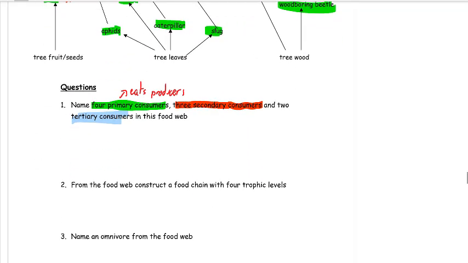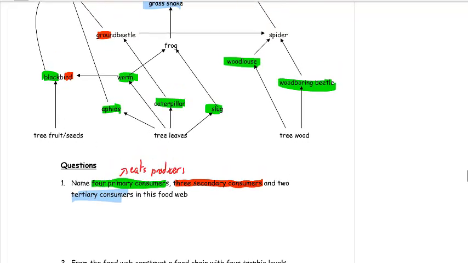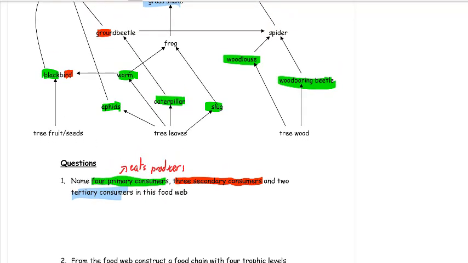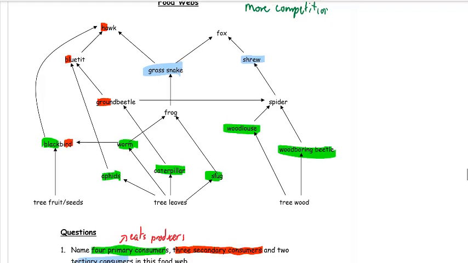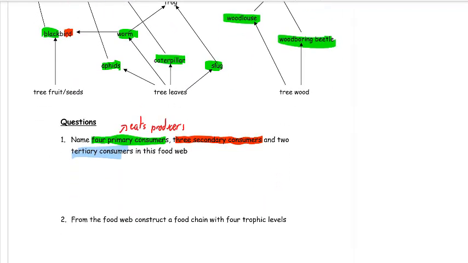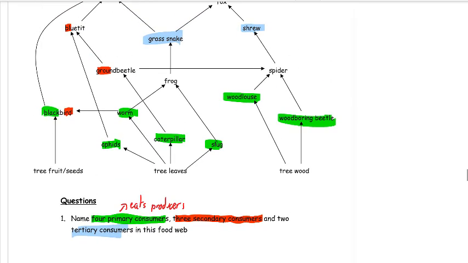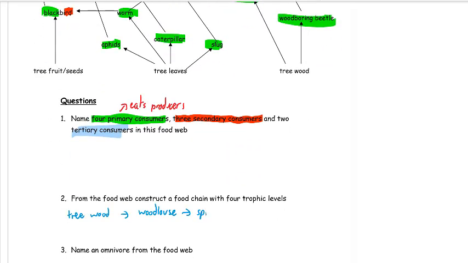From the food web, construct a food chain with 4 trophic levels. So we need a producer. So let's go for a fancy one. Let's go for the tree, woodlice, spider, and then shrew. 1, 2, 3, 4 trophic levels.